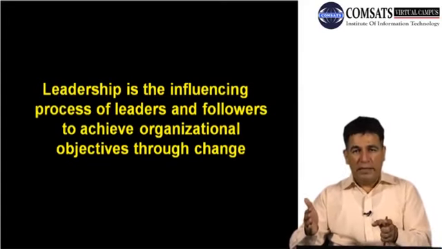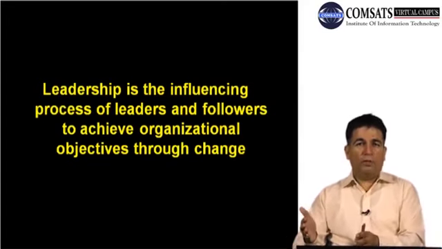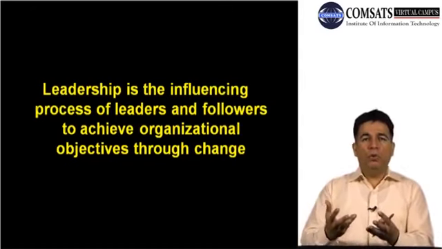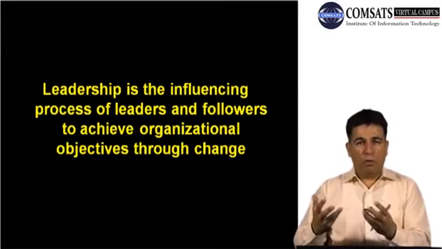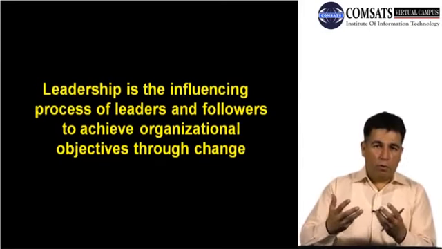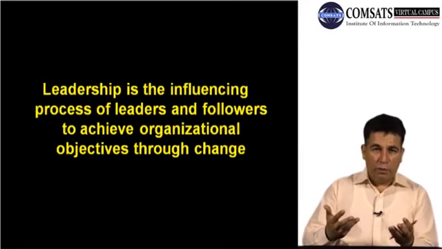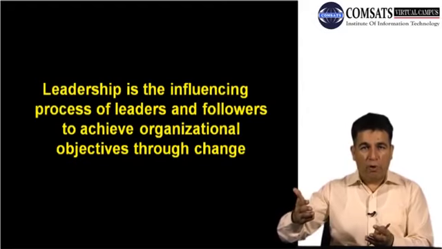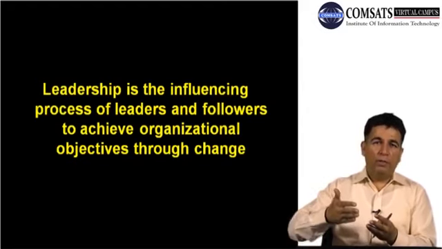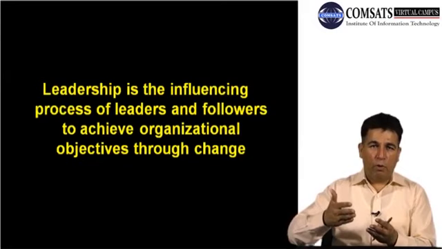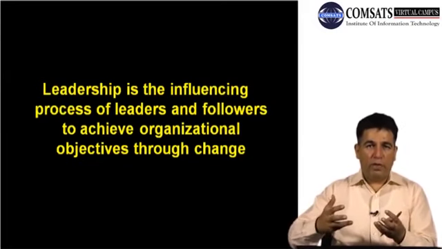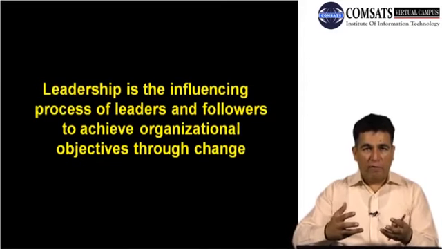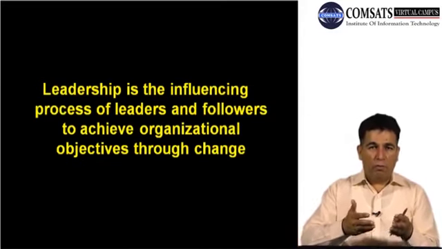The next factor that needs change is technology. What do we need to do in Pakistan? We need to, of course, create our own technology. We need to develop our own technology. And of course, adopting new technology is very important, because without using new technology, without having the latest equipment and the latest software, we cannot achieve our goals and objectives.